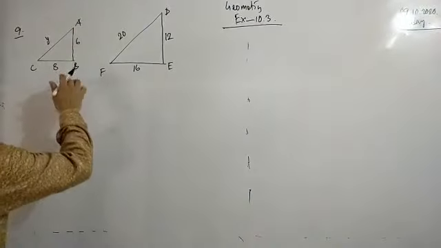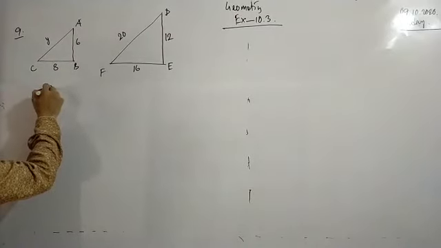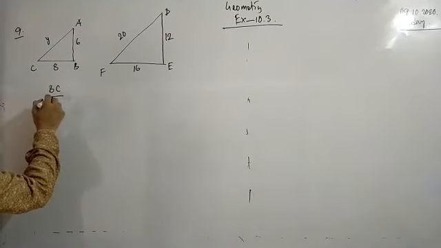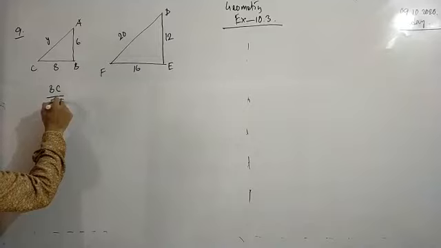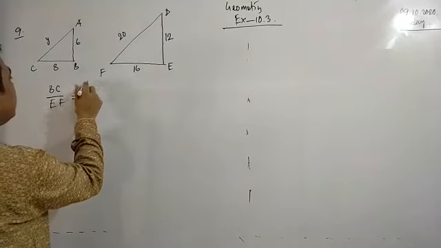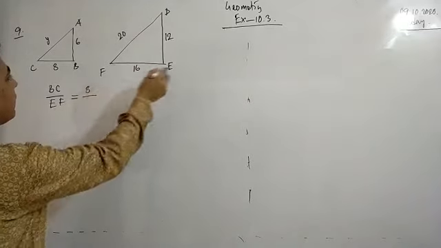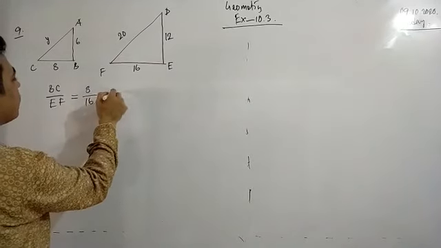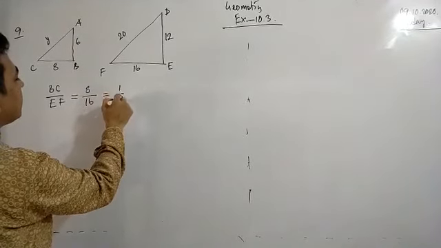First we take BC by EF. BC is 8 and EF is 16, so the ratio is half, 1 divided by 2.